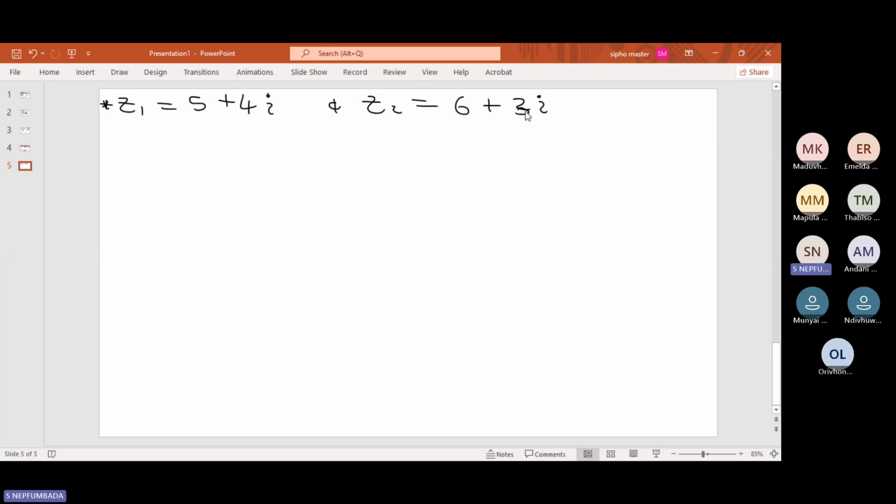Let's say 3i. Even 2i is fine. So then, if we are finding z1 plus z2, it is going to be equals to what?